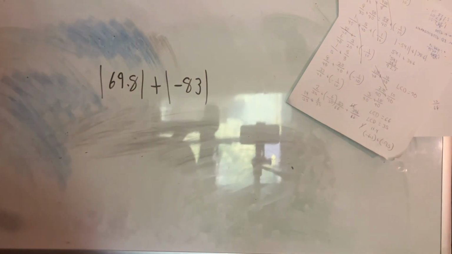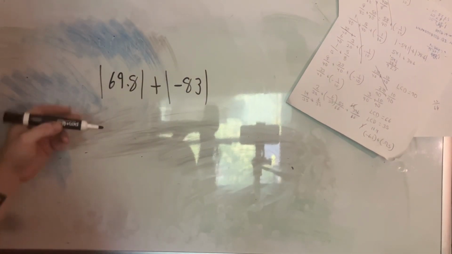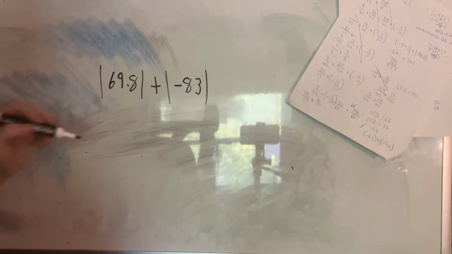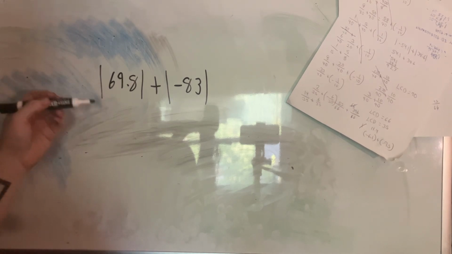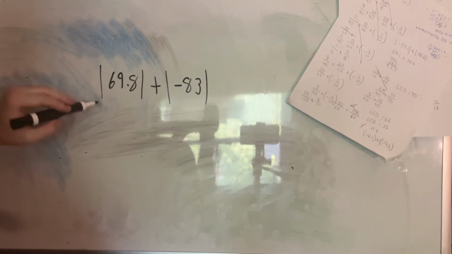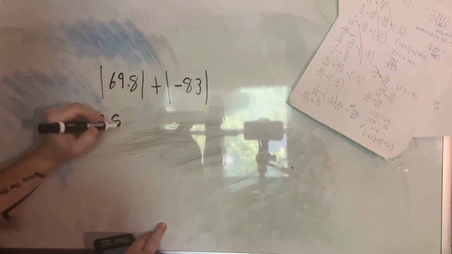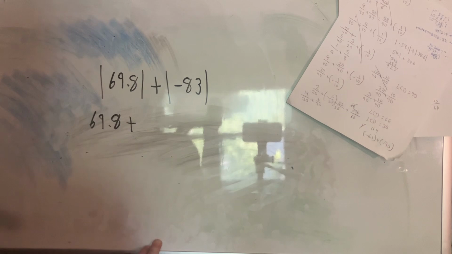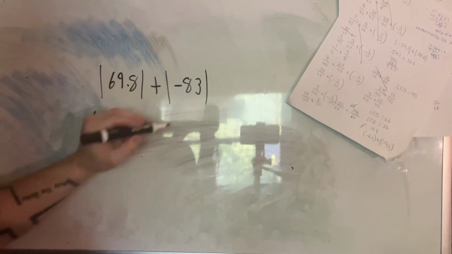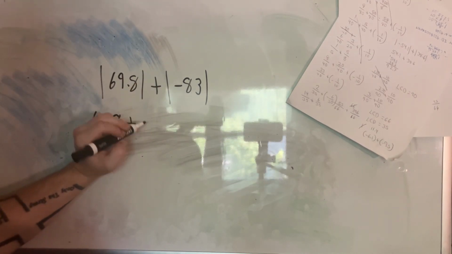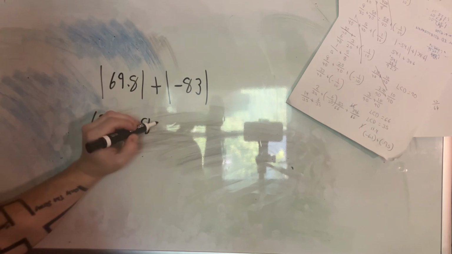Drawing from some previous concepts, we know that this side of the addition problem is going to be positive 69.8 plus, and this side is going to become positive. The absolute value of negative 83 is 83.